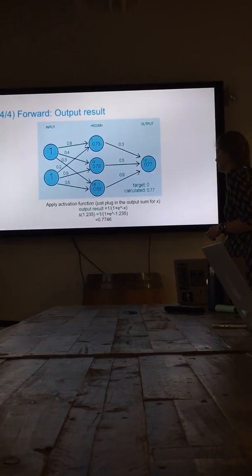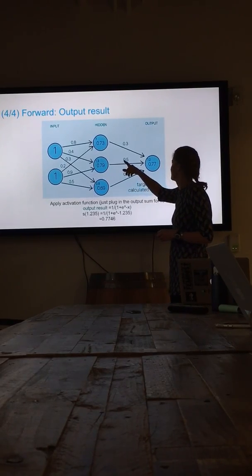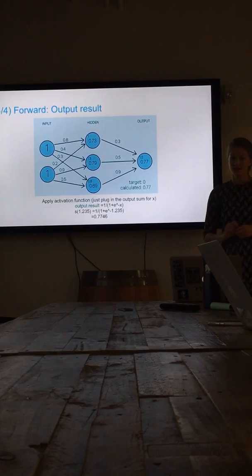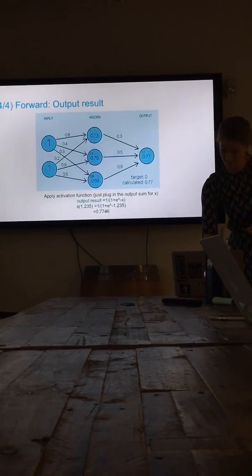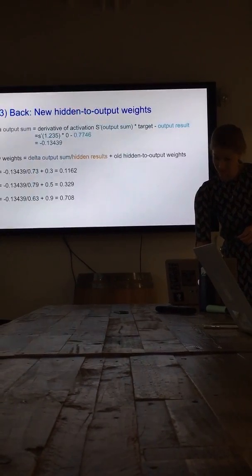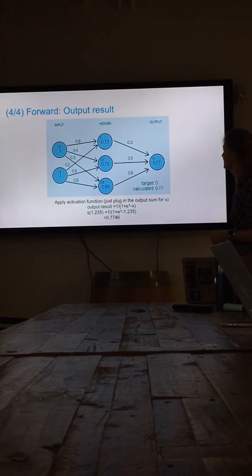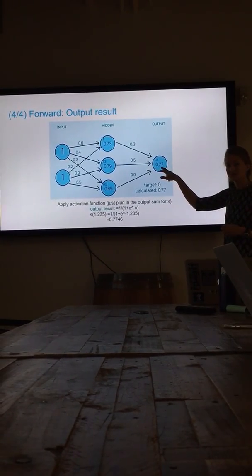Again, we're now multiplying what we got here by these weights. We'll sum those up, and then this is another neuron, so we apply one more function there. You can see that when we got here, the output we found is 0.77.